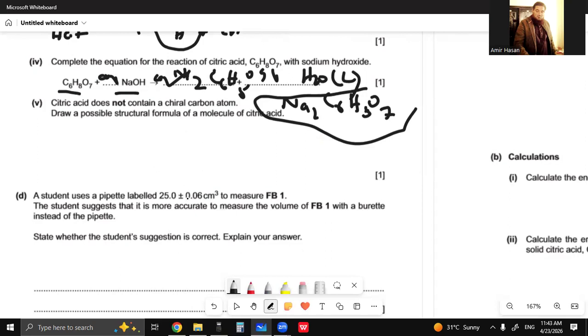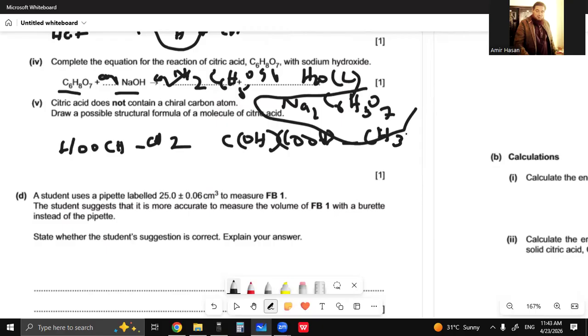The citric acid chiral structure is like that: HC double O, A, C, H, and CH2. Now there is a chiral center here at C, OH, C double OH, and CH3, and C double OH.